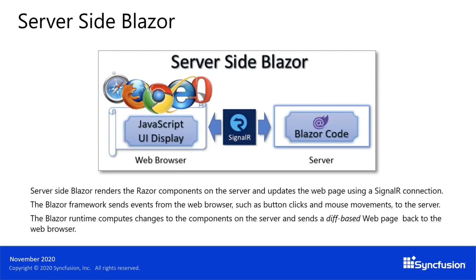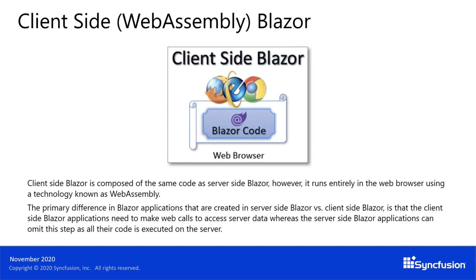With server-side Blazor, all the code is executed on the server, and it communicates with the web browser using a technology called SignalR. With client-side or WebAssembly Blazor, all the Blazor code runs inside the web browser, and it communicates with the server using HTTP web-based technologies, just like React, Angular, and Vue.